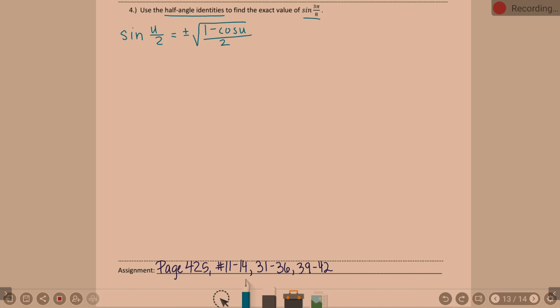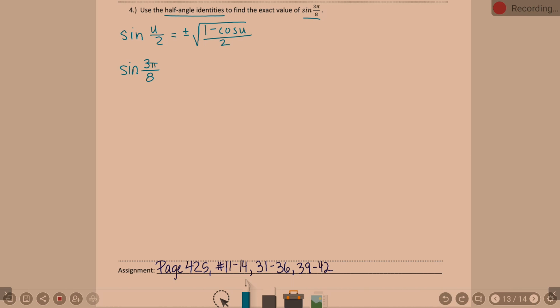Now, there is the half-angle identity we're being asked to use, and we're being asked to find sine of 3 pi over 8, yes? Here's the catch: we have to figure out what we're going to use for u.